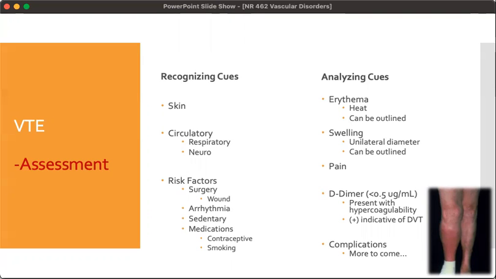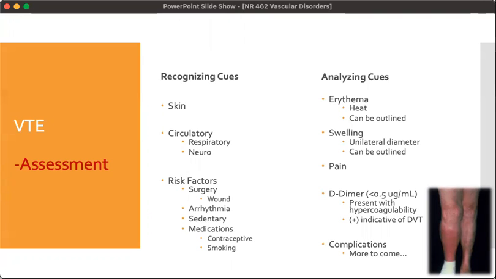Risk factors, patients who are at super high risk for VTE, who are probably going to be prescribed VTE prophylaxis. Patients who have wounds, such as surgery or other wounds like pressure injuries. Anytime there is naturally blood clot occurring as part of tissue healing, there's a high risk that other blood clots are going to be forming in the body.